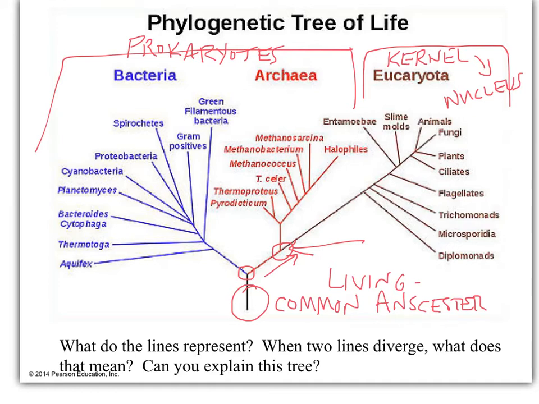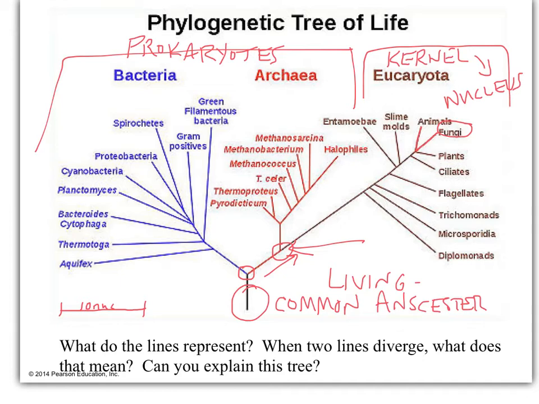The lines on the tree of life represent the number of changes in genetic material from one speciation event to the next. So if you compare fungi on the top right here to animals, you would track down this branch and up this branch, and usually they give you on the tree, they'll say 10 nucleotide changes per 1,000 nucleotides or something.